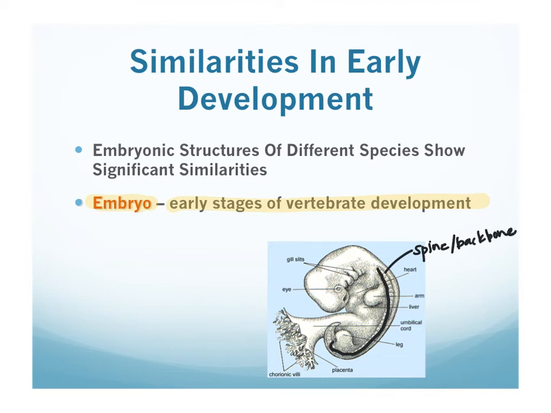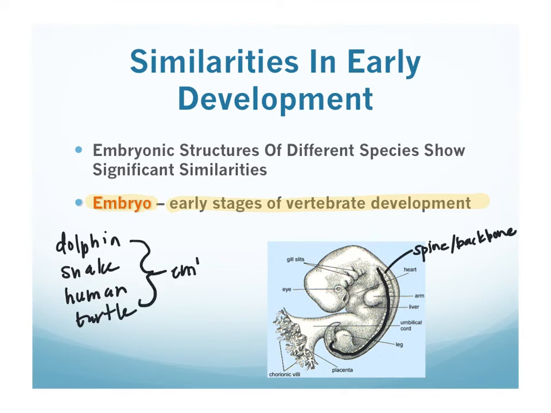And it's been shown that in vertebrates, whether you're a dolphin, a snake, a human, or a turtle, the embryo, which is developing inside the mother, looks the same.